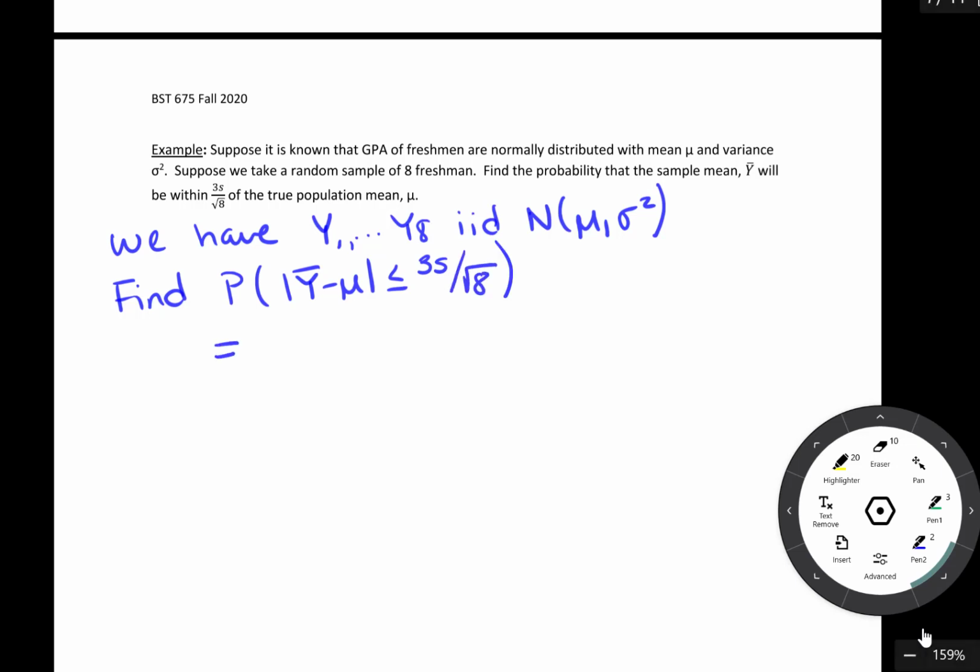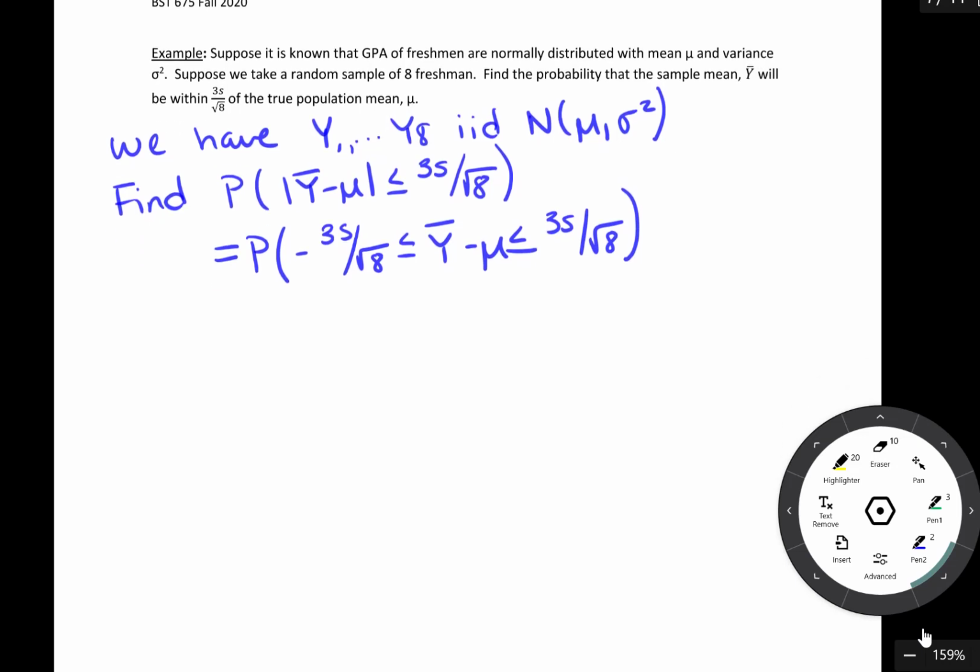So rewriting this probability statement, we have the following. And then the next thing I'm going to do is multiply both sides by the square root of 8, and divide both sides by s.